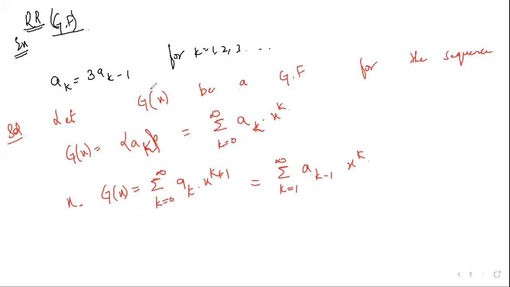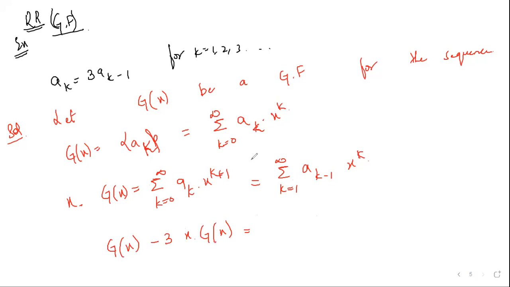So suppose we have ak is equal to 3ak minus 1. So g of x is taken as the sum of ak. What will be k minus 1? We have this term. So g of x minus 3 into x into g of x. So x into g of x is giving us the coefficient ak minus 1. That is the reason I took k is equal to 1 to infinity.